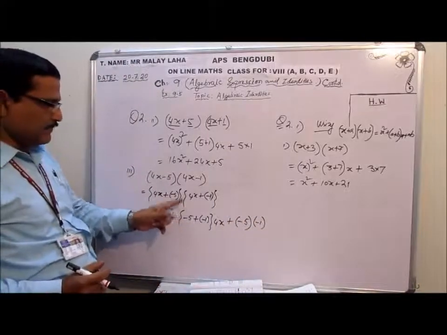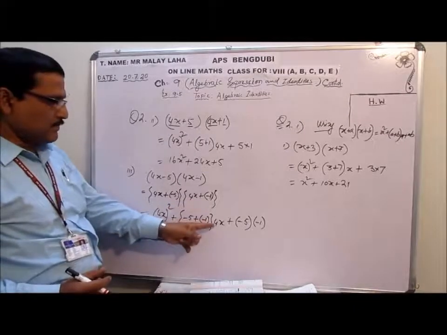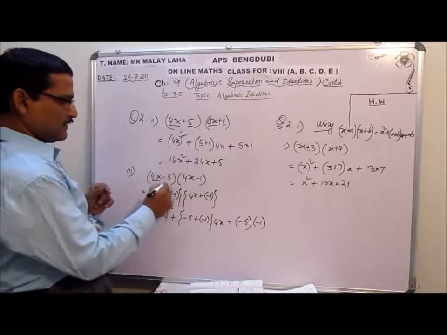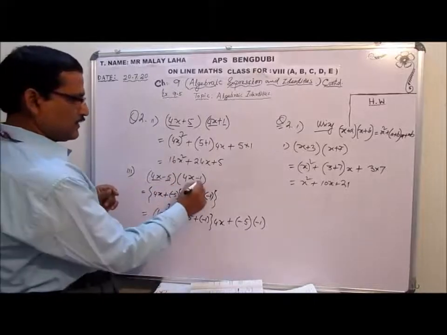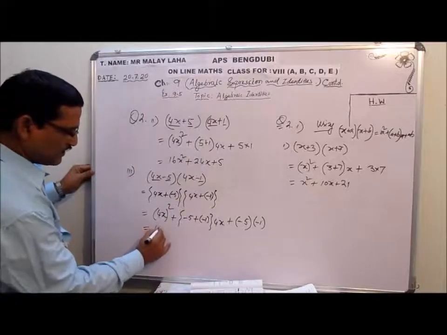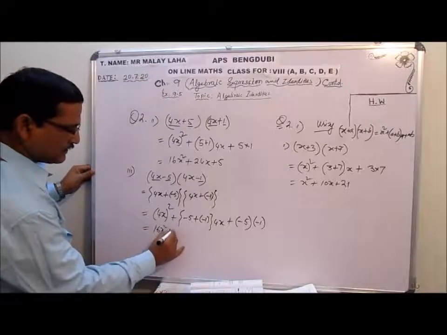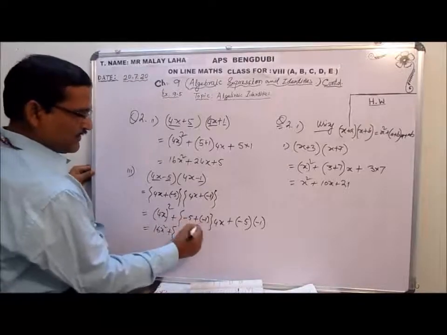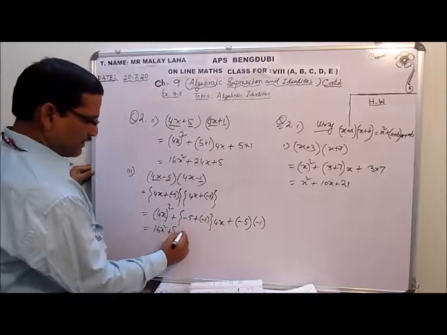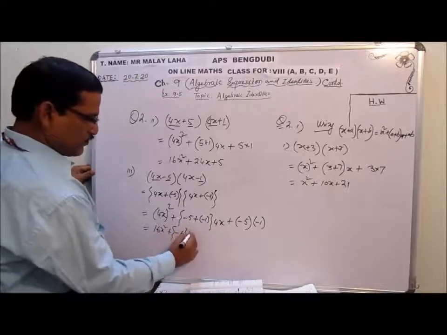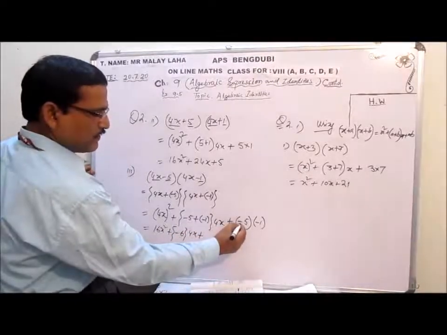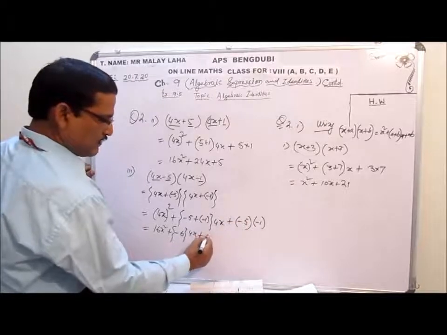A is minus 5 plus b is minus 1, multiplied by x, and x is 4x. Now what is the square of this? 16x square plus, in bracket, if I add minus 5 and minus 1, I am getting minus 6, into 4x, plus, in case of multiplication, minus minus plus, 5 into 1 is 5.